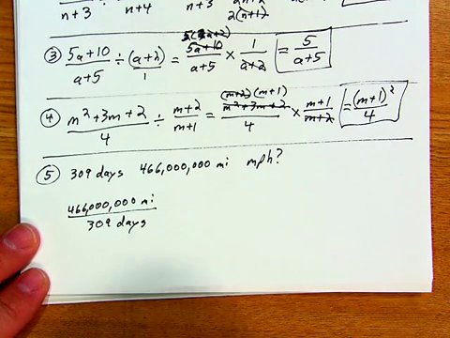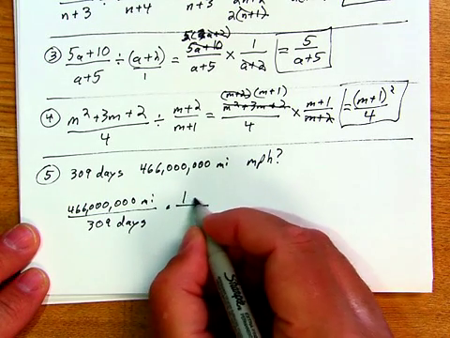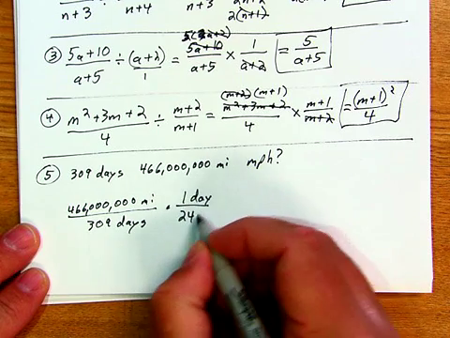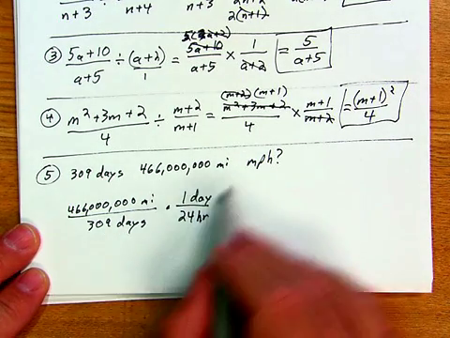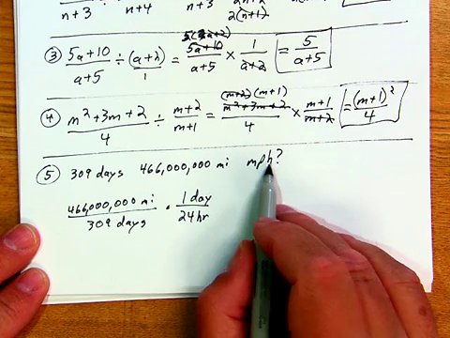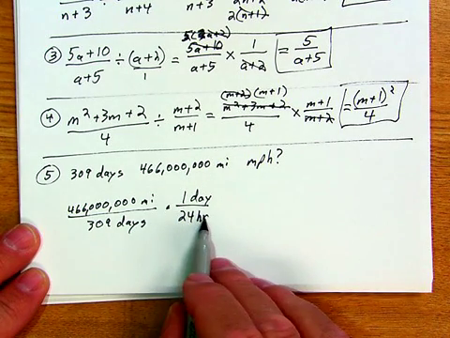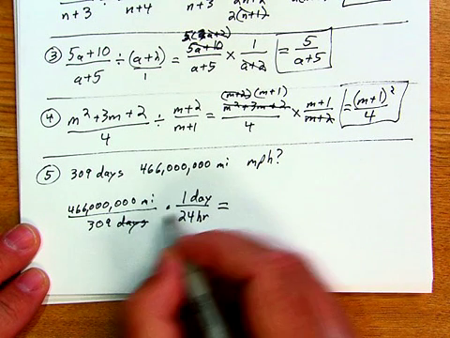Okay, then I say to myself, in one day, it's 24 hours. So I'm going to convert my days to hours, so that's what I want, is miles per hour. I've got miles, days cancel, so I'm left with hours. So that's all the further I have to go, because day cancels day.